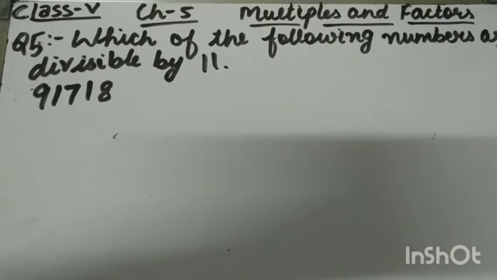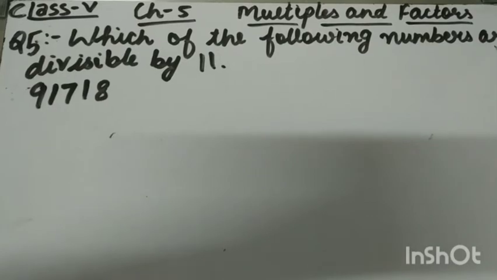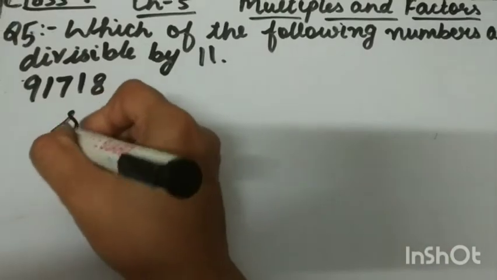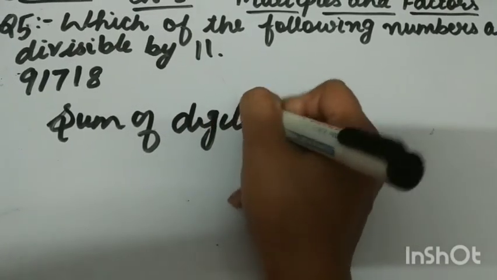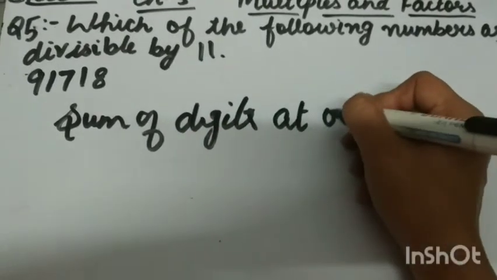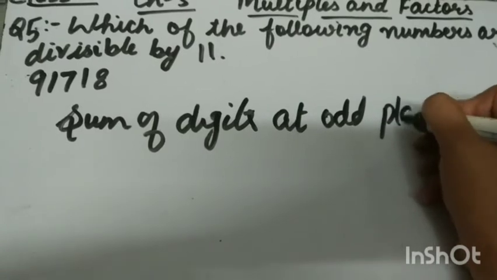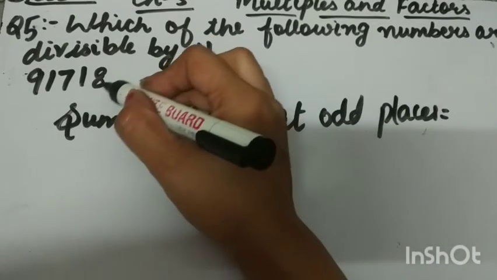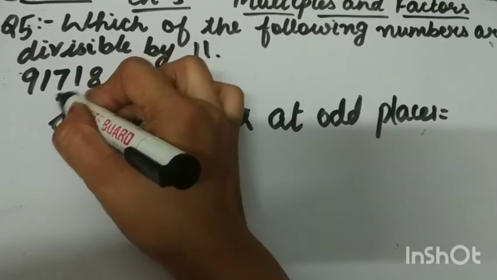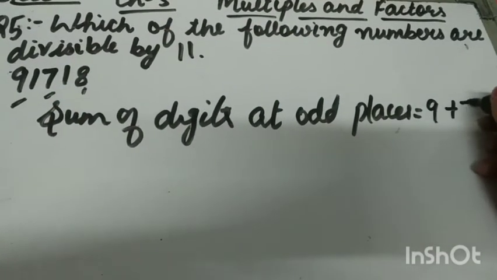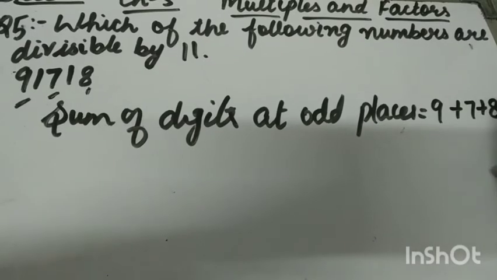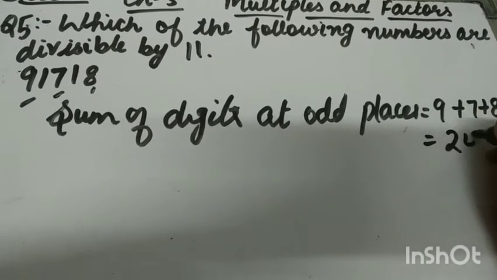Next is 91,780. First of all find the sum of digits at odd places. The odd places are this, this and this. So add these digits, 9 plus 7 plus 8, which is 24.